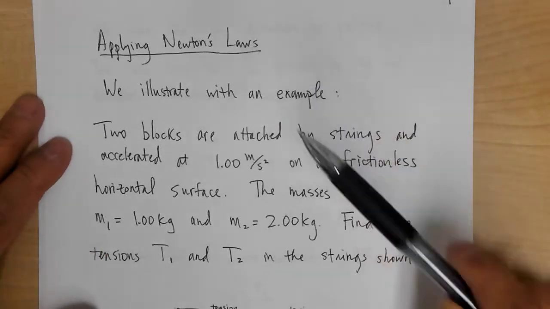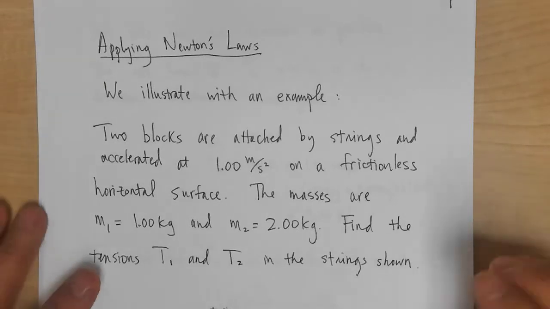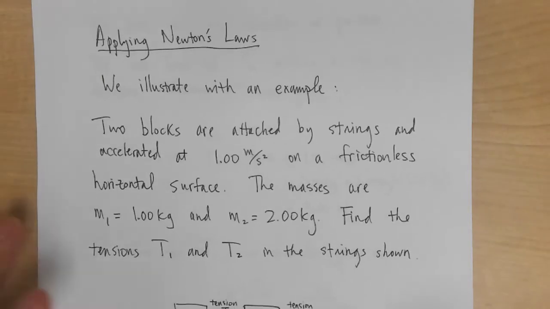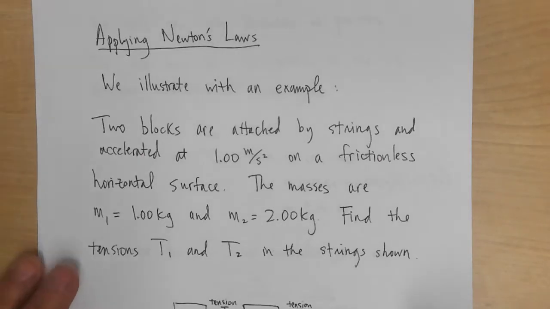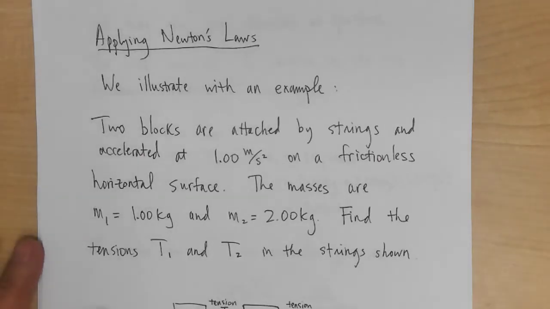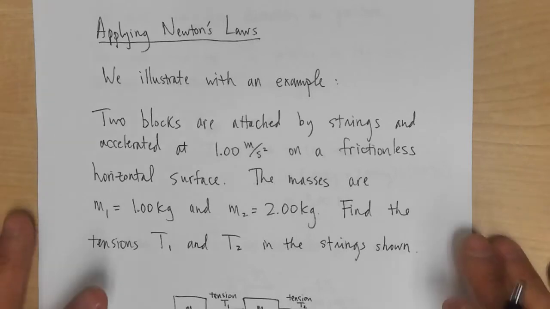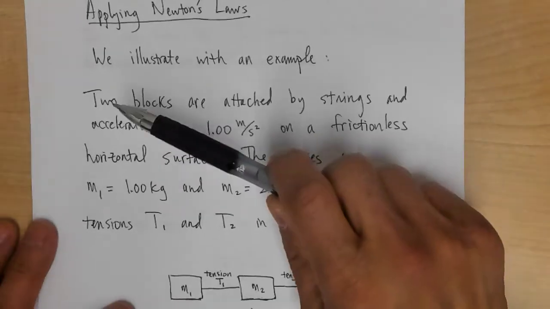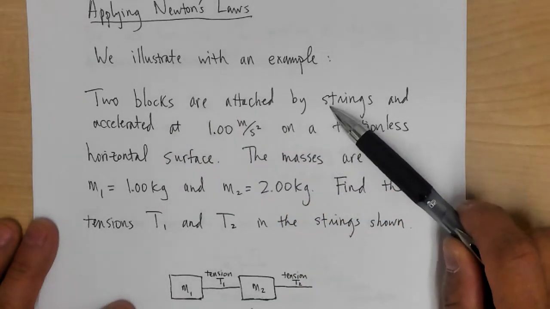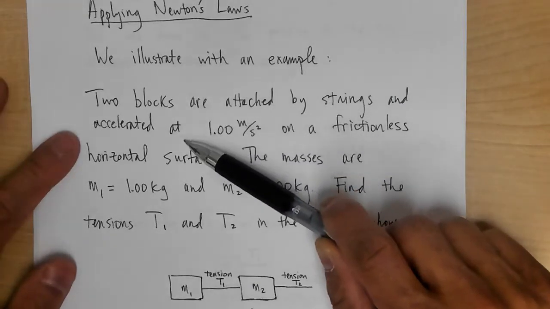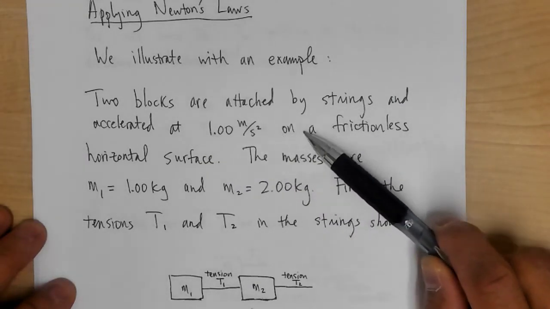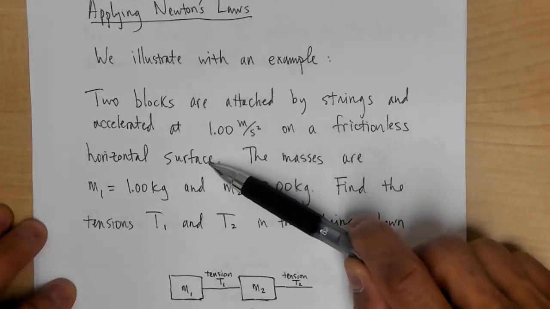Okay, so we're going to apply Newton's laws. Remember Newton's first law, Newton's second law. We won't really be doing much with Newton's third law at this point. So let's consider two blocks that are attached by strings and are accelerating at 1 meter per second squared on a frictionless horizontal surface.